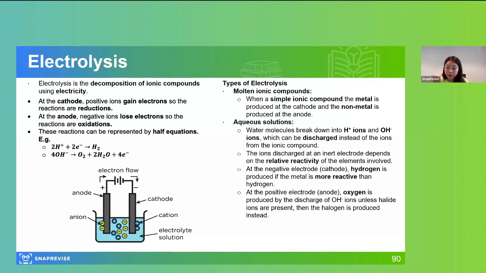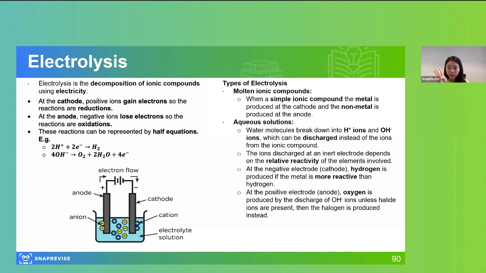Okay, this is why you need to understand the reactivity series. At the cathode, where the metal is usually produced, if the metal is more reactive than hydrogen, then hydrogen will be produced instead, not the metal. So let me say that again. At the negative electrode, in aqueous solutions, when there are both positive and negative ions from the ionic compound, you still have H+ and OH- from the water.